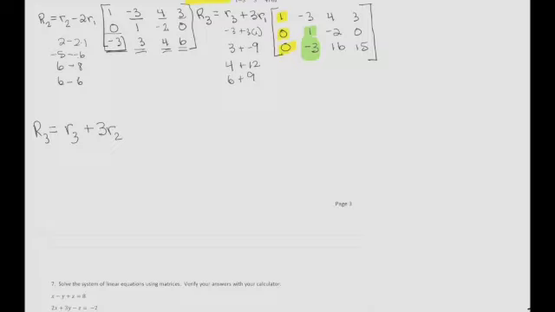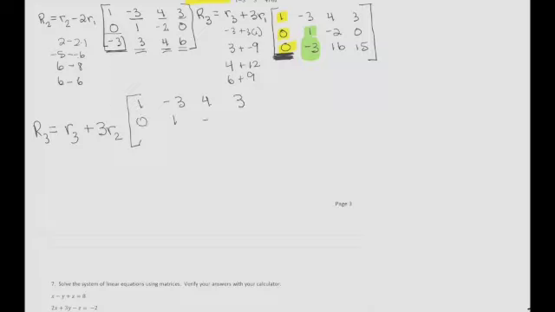I don't want to use row 1 because I don't want a number in this spot where I've already worked really hard to get a 0. So I don't want to reintroduce a number in a 0 spot I've created already. Then I just go in circles. Okay. So what will this look like? Not changing the first row.